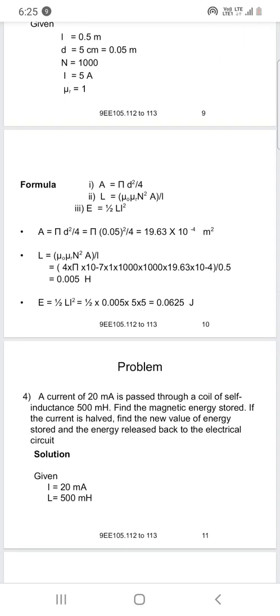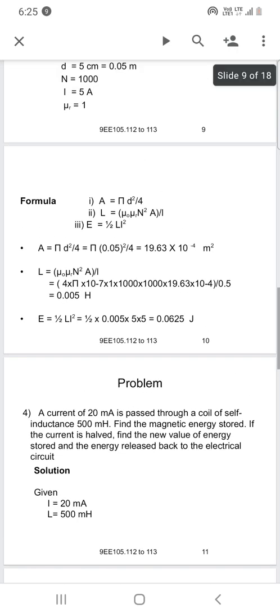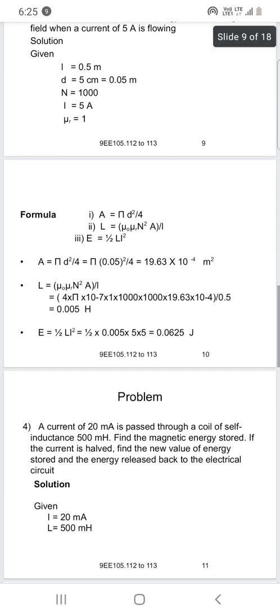Next, the number of coils is given, that is n equal to 100 turns. Next, the area of cross section A is equal to pi into d squared by 4, where d is the diameter of the air core solenoid. Here d is equal to 0.05 meter.